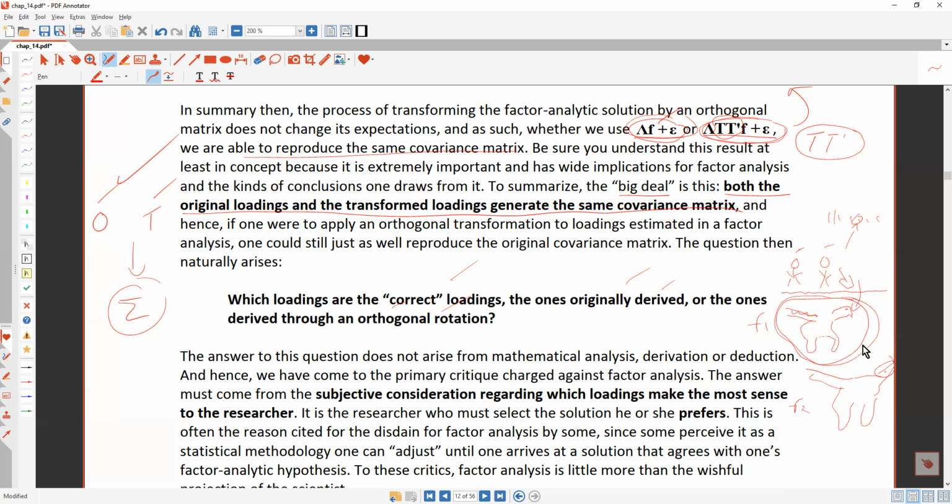Archaeological digs don't do that because they can just deal with concrete reality. They can say, there's the dinosaur. We don't say, how many other dinosaurs did you find so I can make sense of the first dinosaur? We wouldn't say that. But factor analysis has to do that.